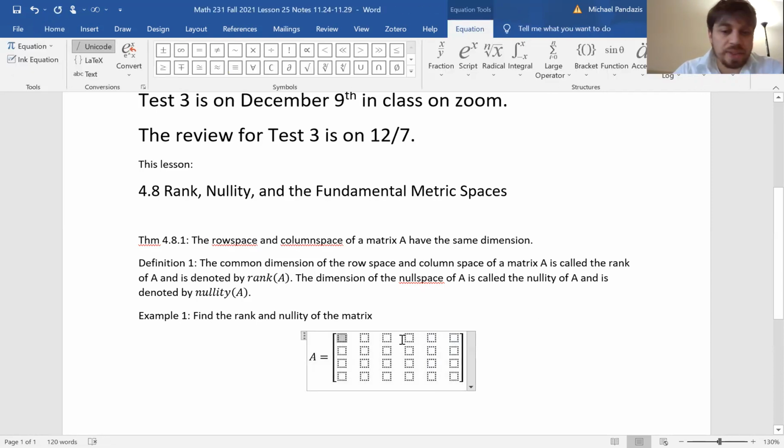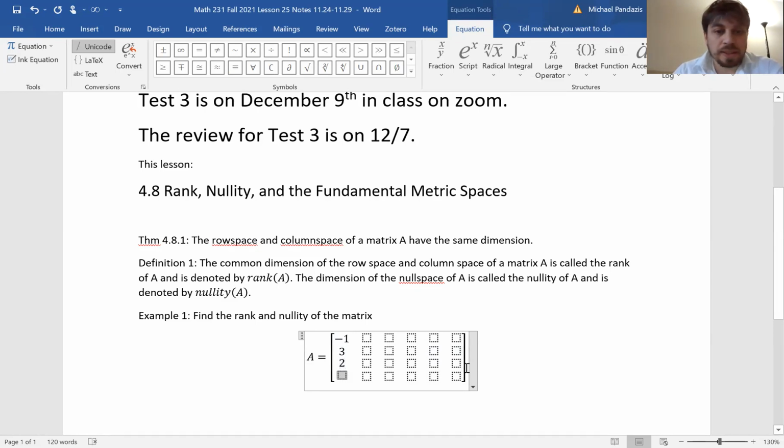So the matrix A is the matrix with first entry -1, and then the other entries.